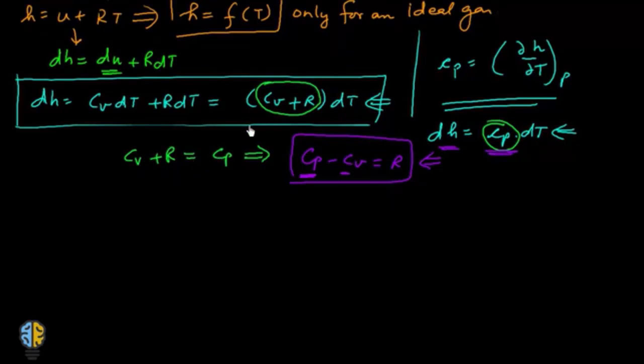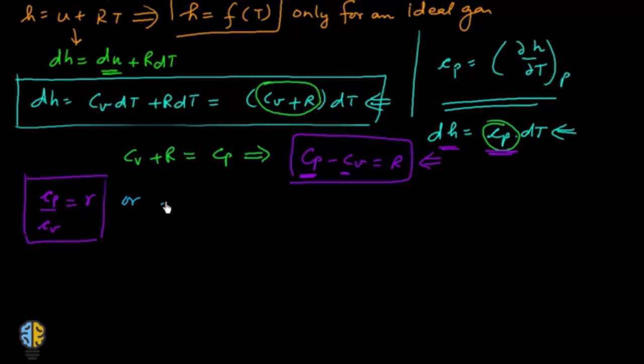The ratio Cp upon Cv is of importance in ideal gas computation and is designated by the symbol gamma. This is again a very important term to understand and remember. You can also rewrite it as Cp is equal to gamma into Cv.